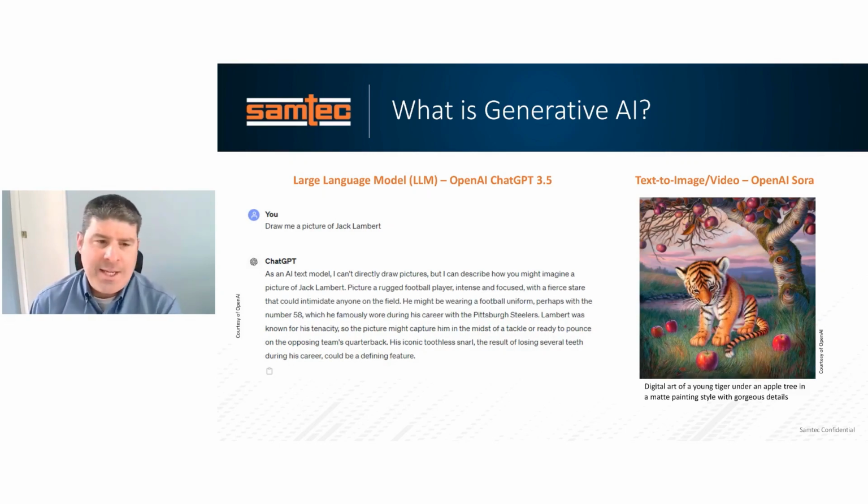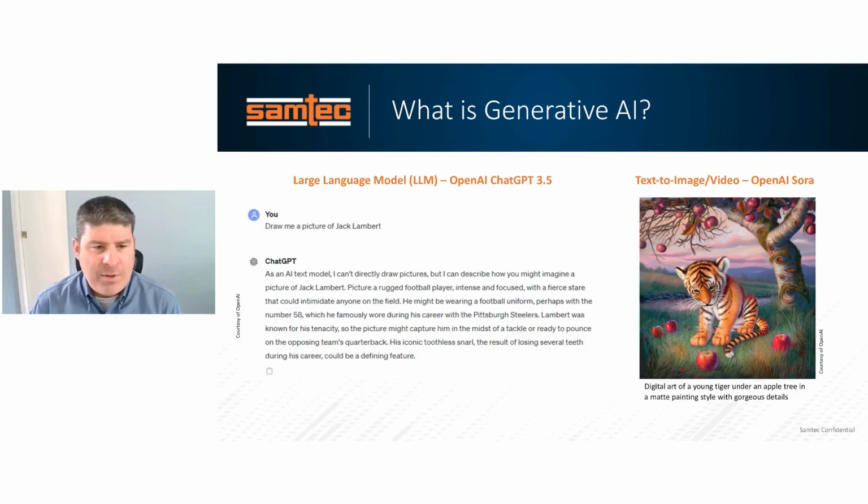But if you look at the ChatGPT output of that statement, you'll see that ChatGPT tells you its limitations. It mentions that ChatGPT is an AI text model, so the only generative AI that you can get out of ChatGPT is a chat or information.